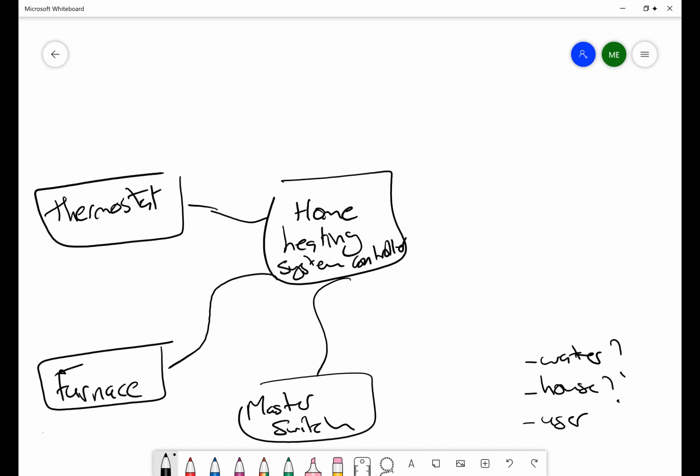This is a poorly written piece. It didn't say the word thermostat explicitly, but it is our job to realize, well, how are you going to get that temperature from? So we're missing something.